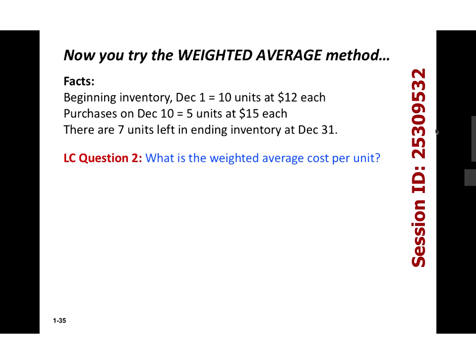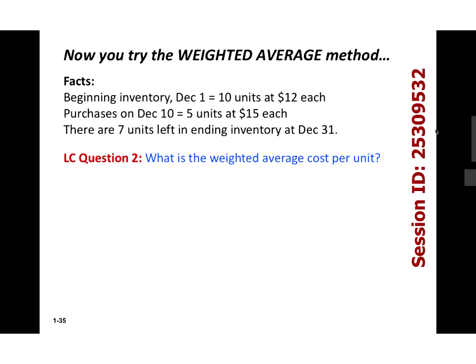Okay, so next question. What's the weighted average cost per unit? So we've got to do a little more work for this one. Remember how I said your beginning inventory, you would take 10 units at $12 each, and that was 120 written in the margin? And then you have purchases, 5 units at $15 each, that's 75.